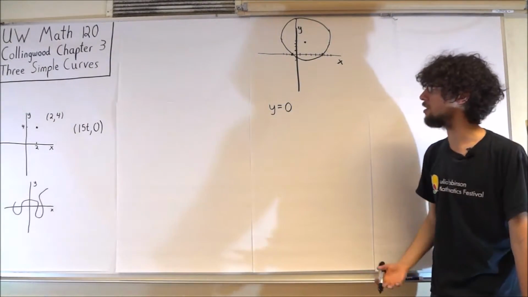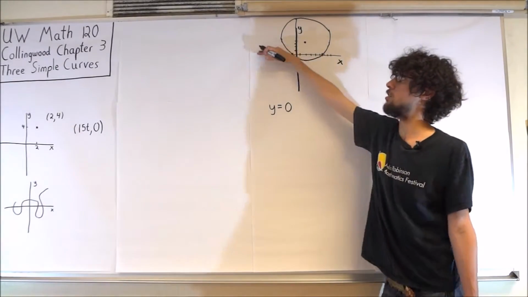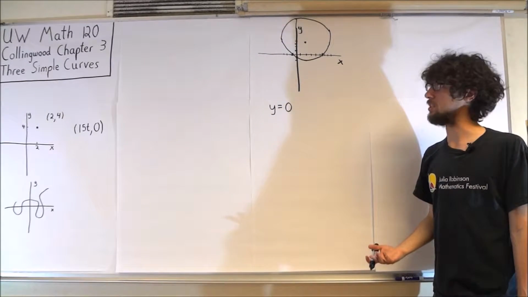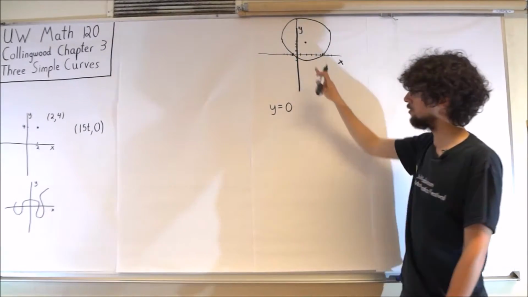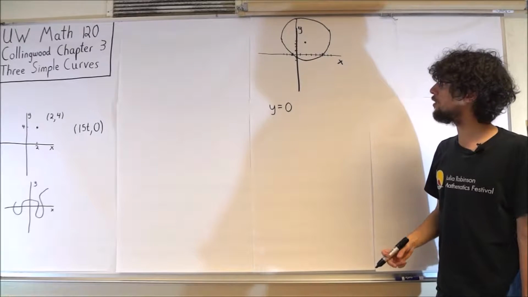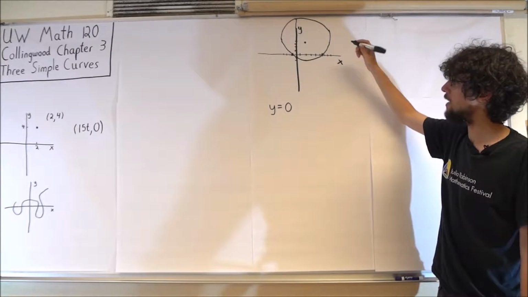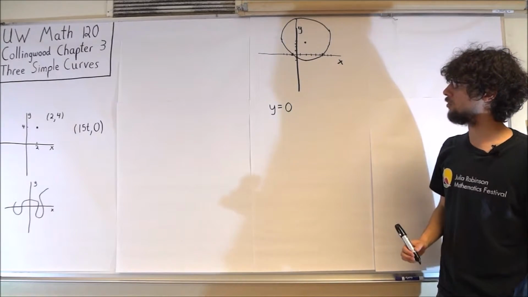Because of our choice of the origin being here, we can represent this line, this street, as simply the collection of points where y equals 0. And we can represent this circle, well, what do we know about this circle? We know that it is centered at 20, 40, and its radius is 60. So we can write this.